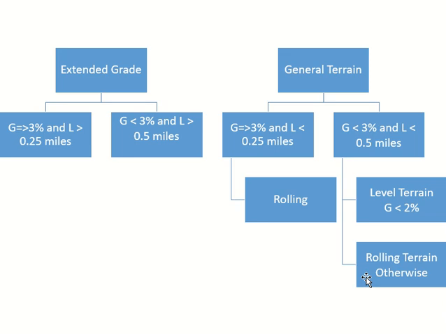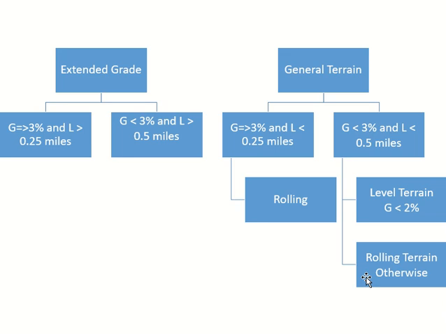Now we come to general terrain. General terrain can be rolling or level. If you are here, then it's rolling. What is this? Gradient again more than or equal to 3%, length less than 0.25 miles. Rolling.